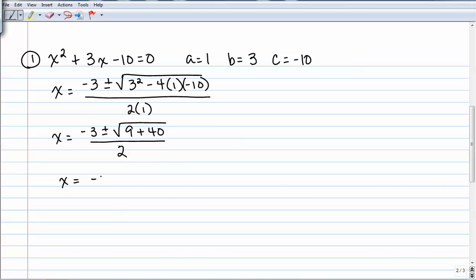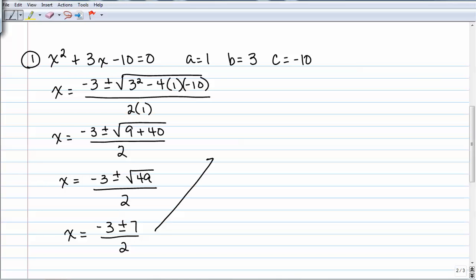or x equals negative 3 plus or minus the square root of 49 over 2. x equals negative 3 plus or minus 7 over 2.